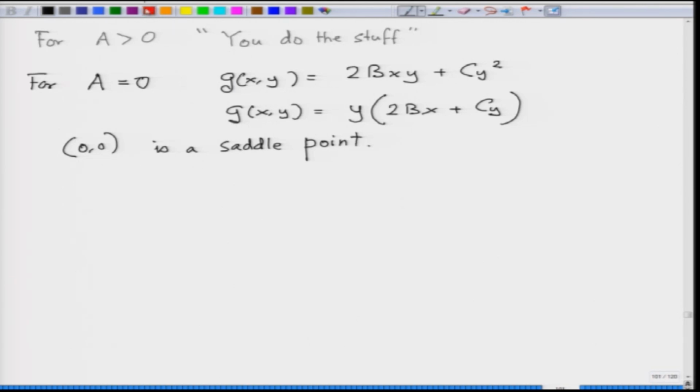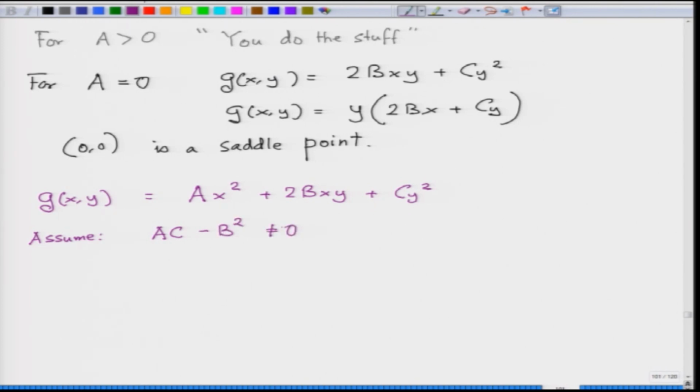So, let us make a summary. I have gxy given to me as ax square plus 2bxy plus cy square. First assumption: assume AC minus B square is not equal to 0.